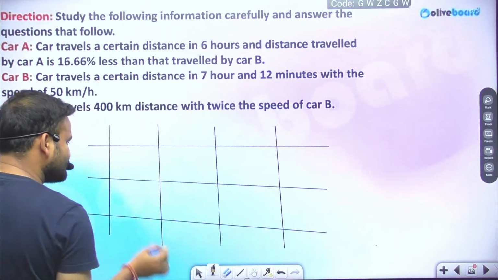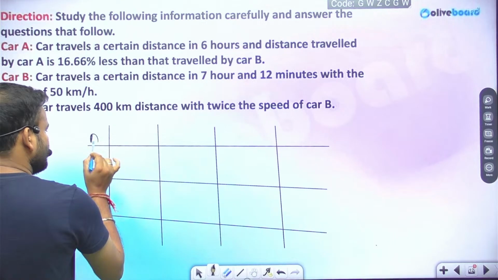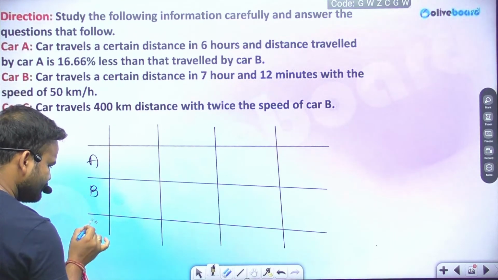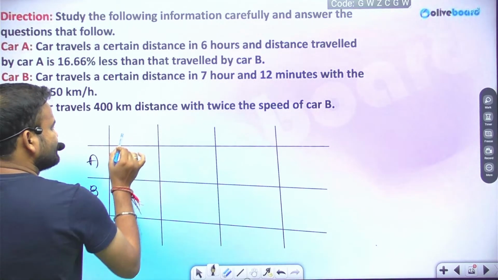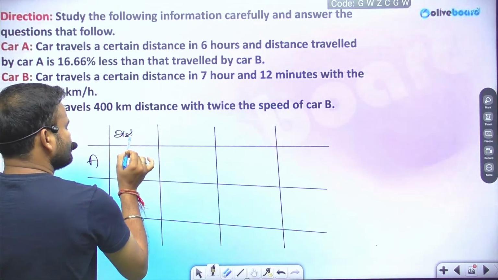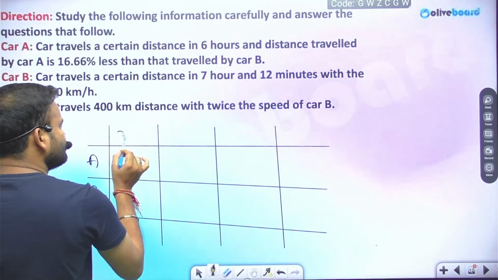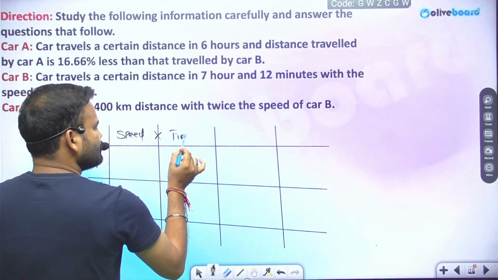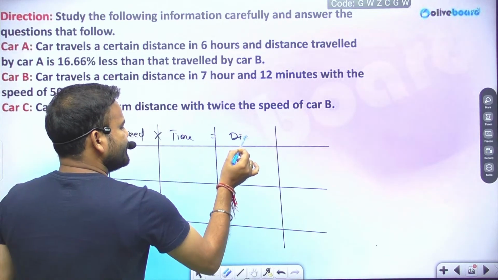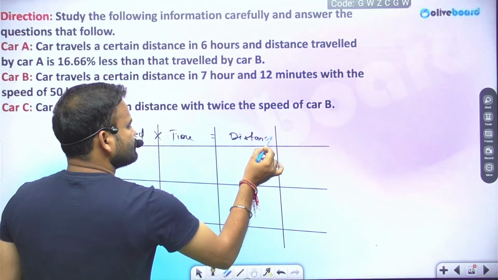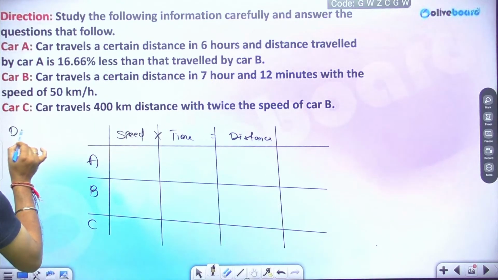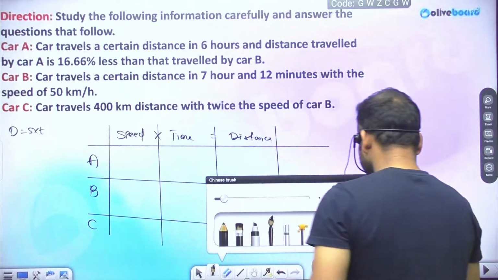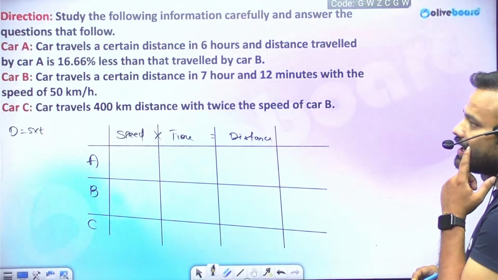So there are 3 cars: car A, car B and car C. This is distance, or this is speed into time, which is your distance. We all know that speed into time is distance. Distance equals multiplication of speed and time. So this is the question of speed, time, distance.